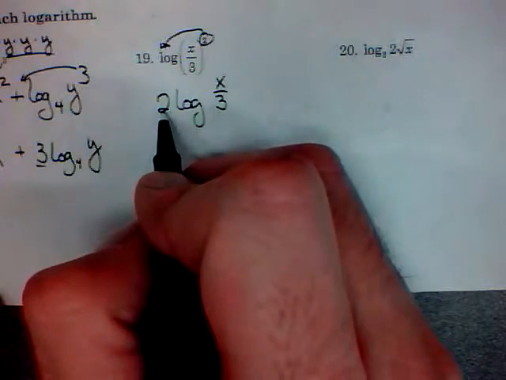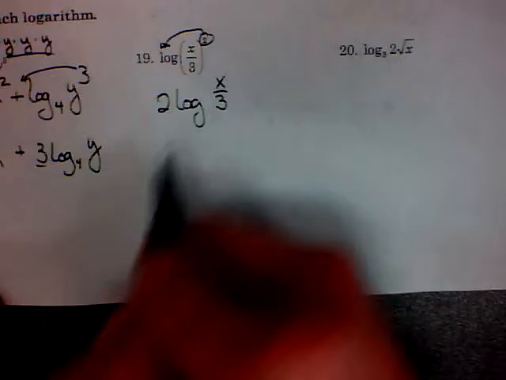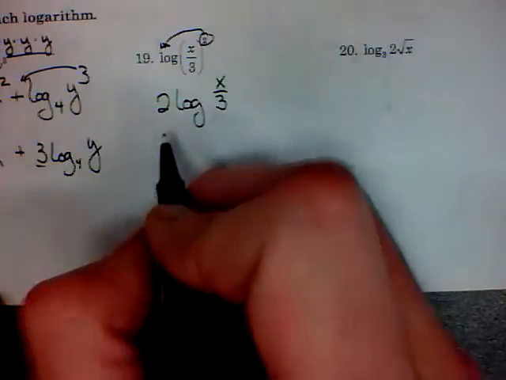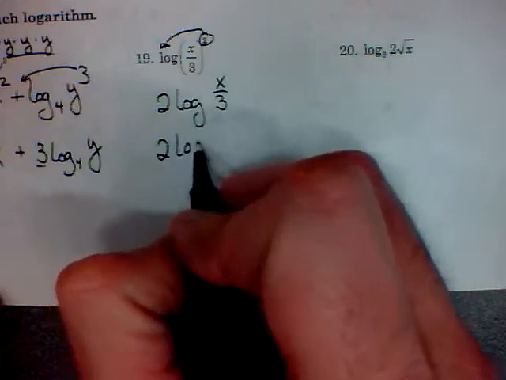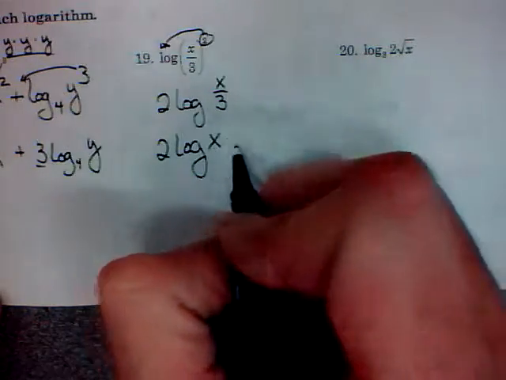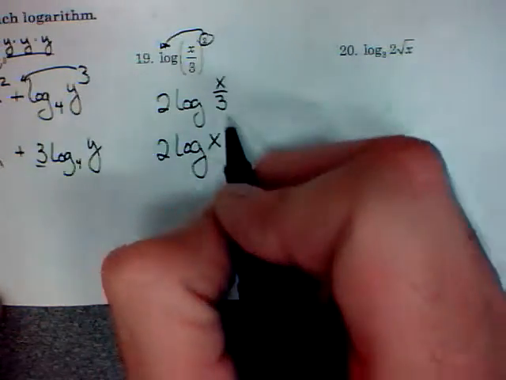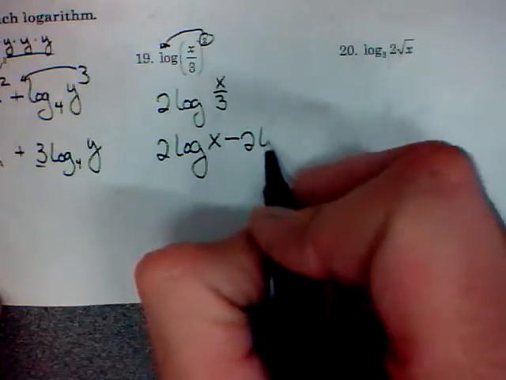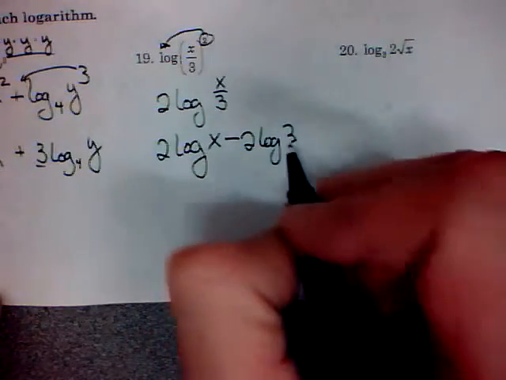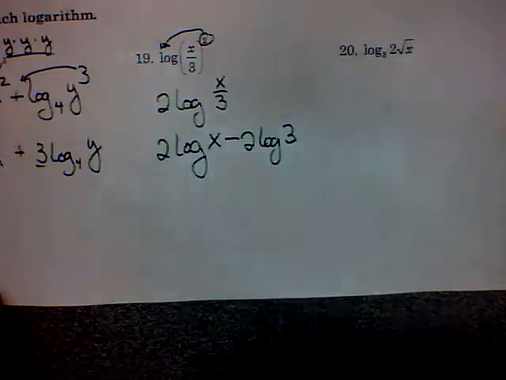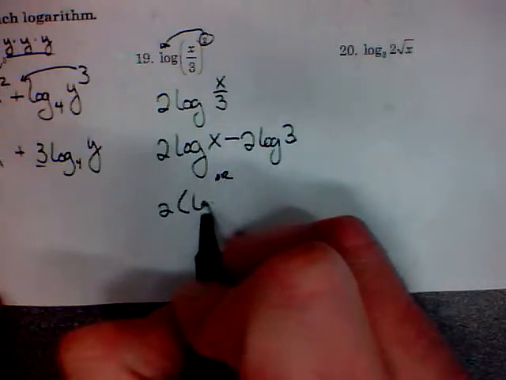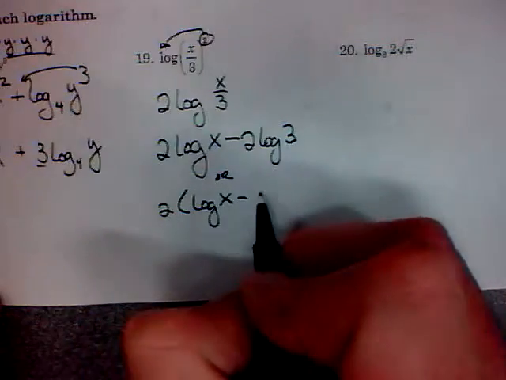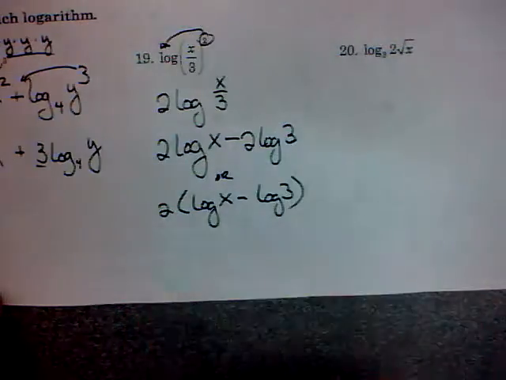You can attach 2 to each of these separate logs, or you can put the 2 out in front of both in parentheses. So you could write it as 2 log of x minus, since it's division, we subtract 2 log of 3. Or you could have written it as 2 times the quantity log of x minus log of 3. Okay.